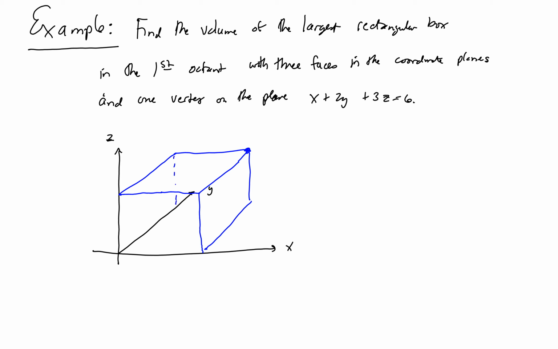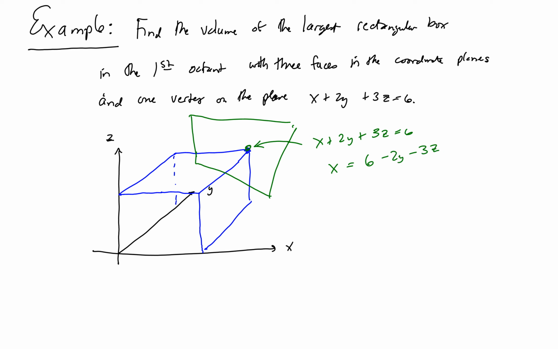And then this point should be on this plane here, so whatever that plane looks like, this point should satisfy x plus 2y plus 3z equals 6. That's the plane it should be on. So if we think in terms of solving this for x, it is 6 minus 2y minus 3z. So this point here could be the point (6 - 2y - 3z, y, z).